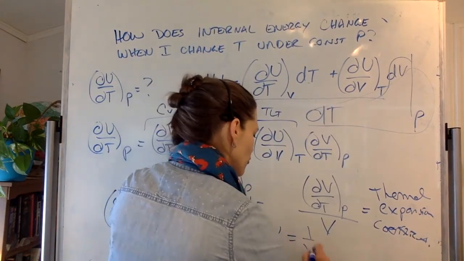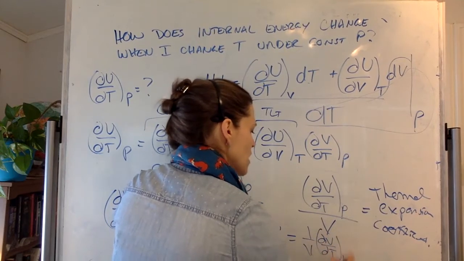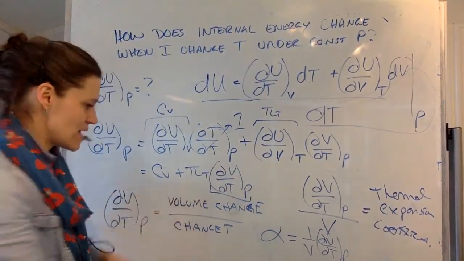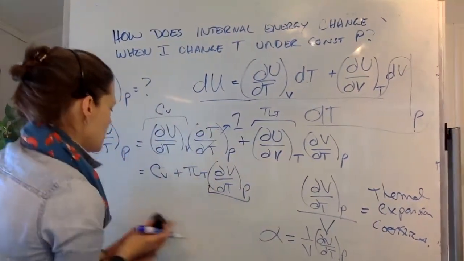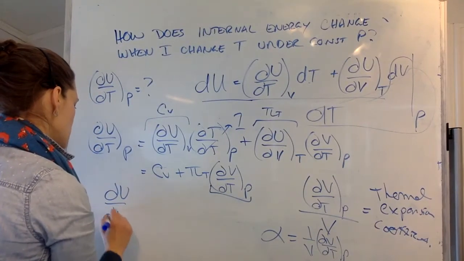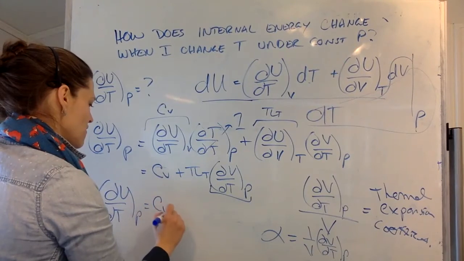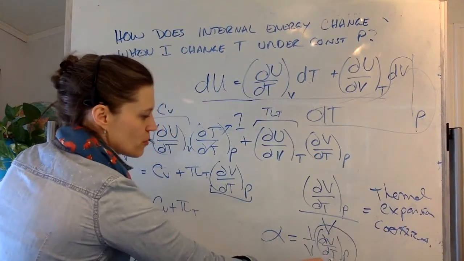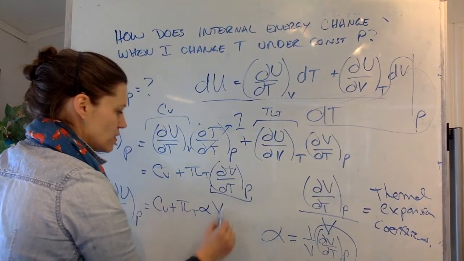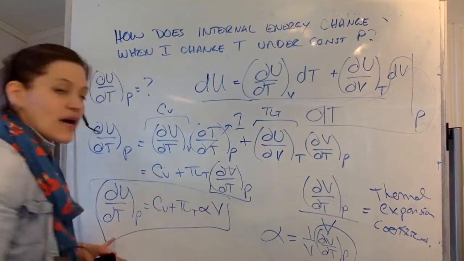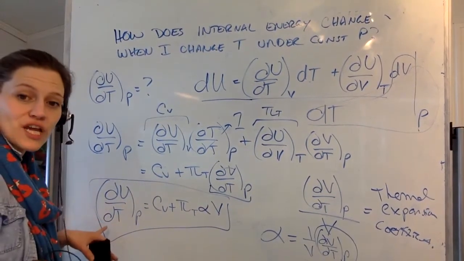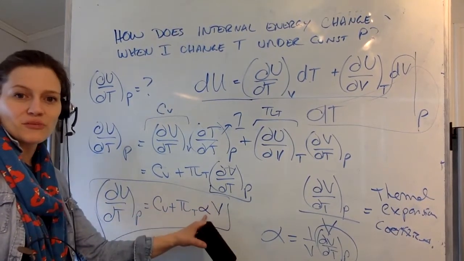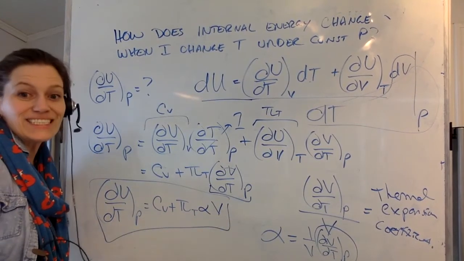So alpha equals 1 over V times partial V partial T at constant P. Such that when I put this back in, dU/dT at constant P equals CV plus internal pressure, and now I can solve for partial V partial T, and it's equal to alpha times V. So here I have the relationship of how internal energy changes when temperature changes at constant pressure: heat capacity plus internal pressure times the thermal expansion coefficient times the original volume. Go team.